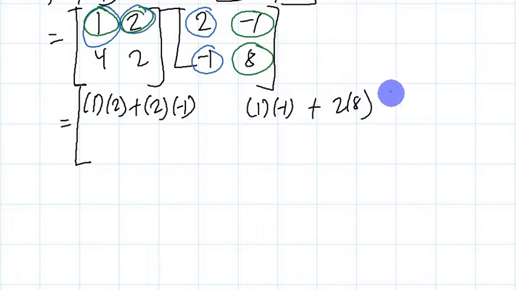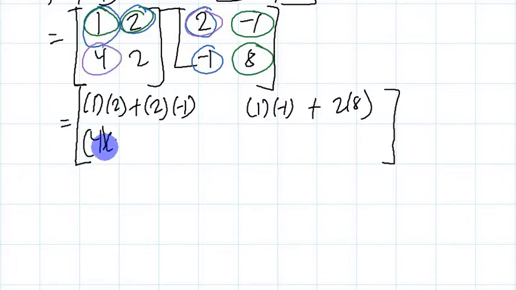Then for entry row 2, column 1, we would be needing to have 4 times 2. Then 2 times negative 1. So we'll add that 2 times negative 1.